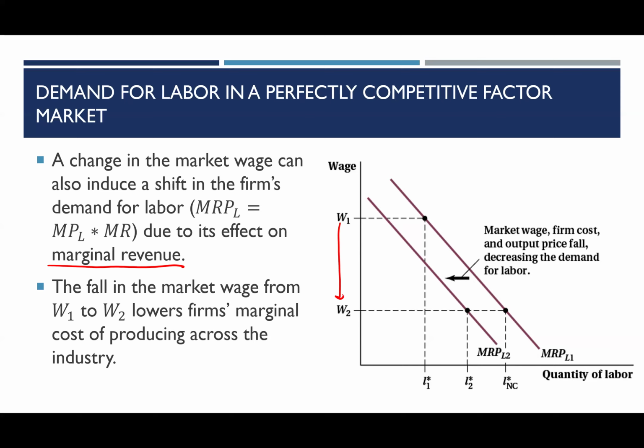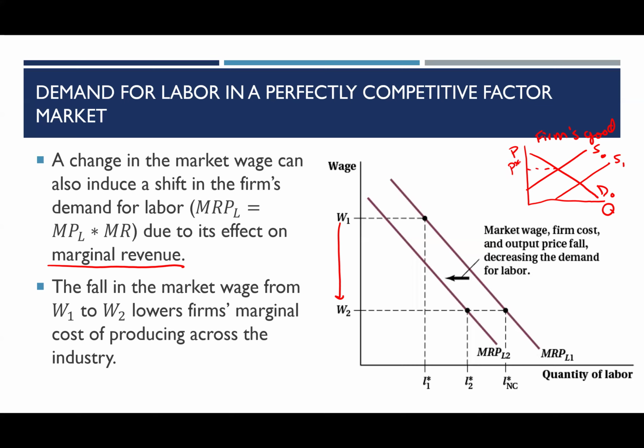So its costs of production across the industry have fallen. Graphically, if we were to show the supply and demand curve for the firm's good, whatever they produce, that would be represented with a shift out into the right of that market supply curve.